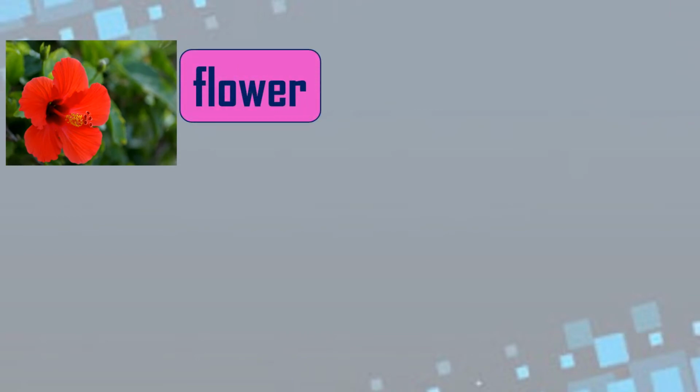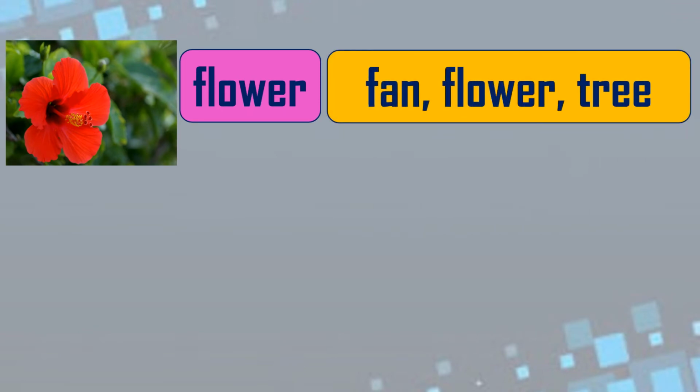Now there is a picture of a flower. Again yellow box with 3 words. Find out the same word in the yellow box. Where is it? Got it? Now we will join it. Flower.